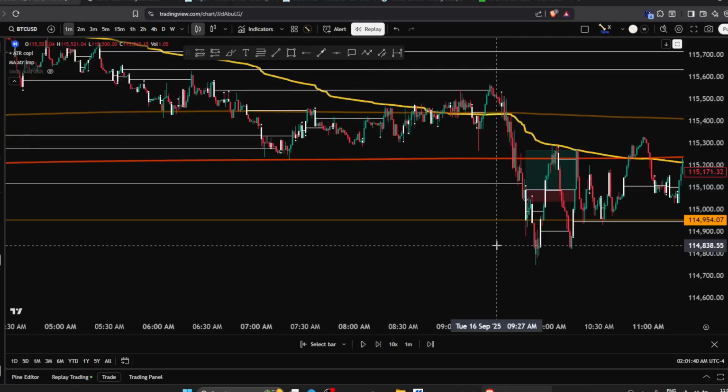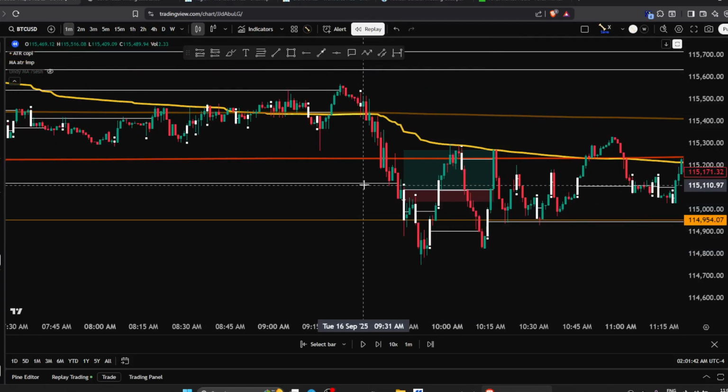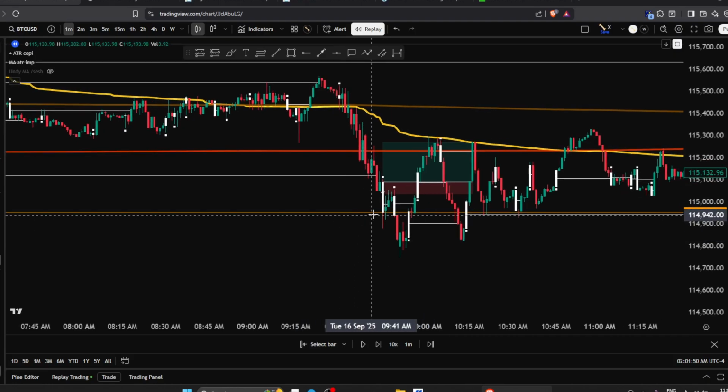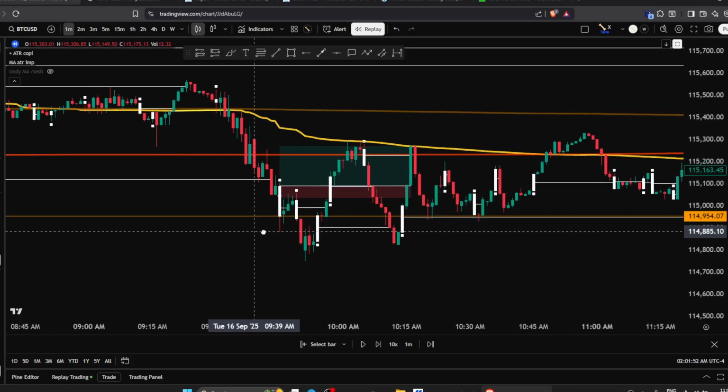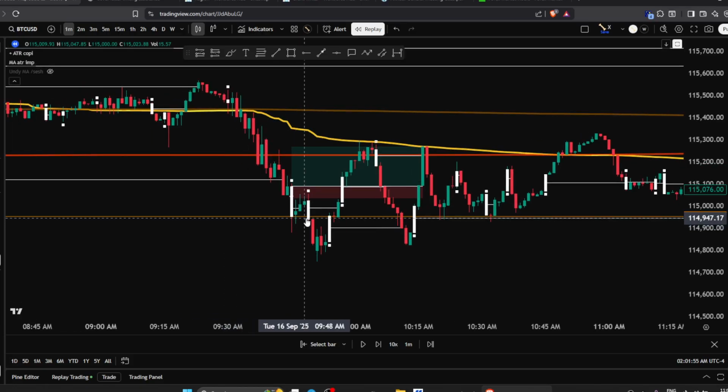So sometimes when I see a white line like this close to this horizontal level, I'll wait until this level either gets tapped, or a safer entry is to wait until it comes through and then enter on the green.